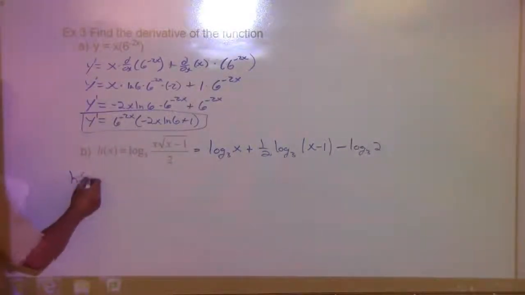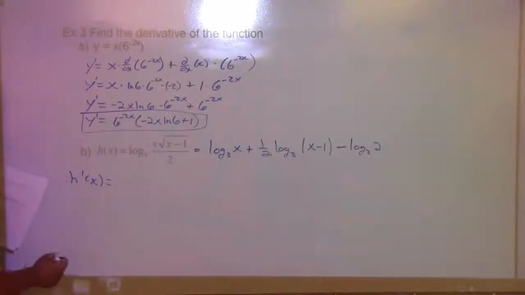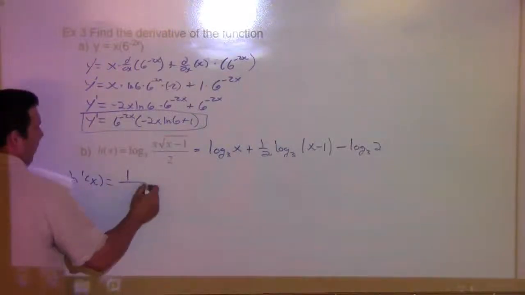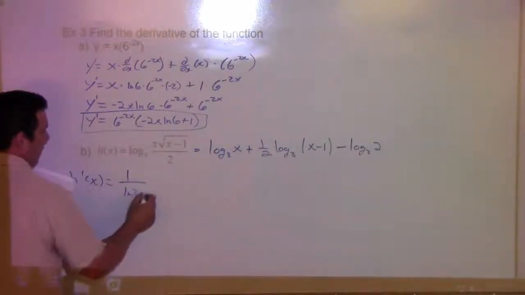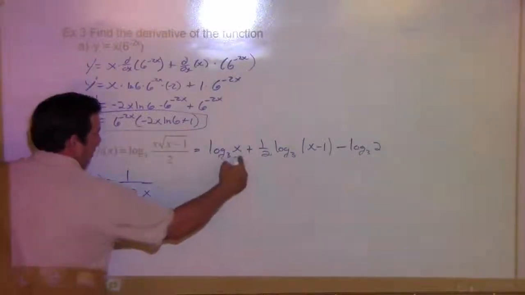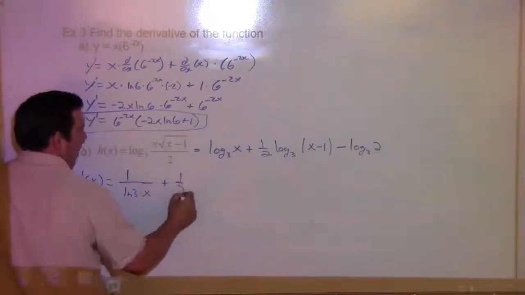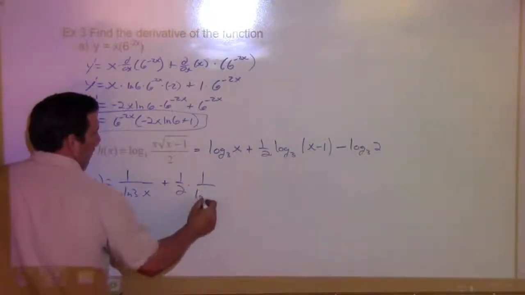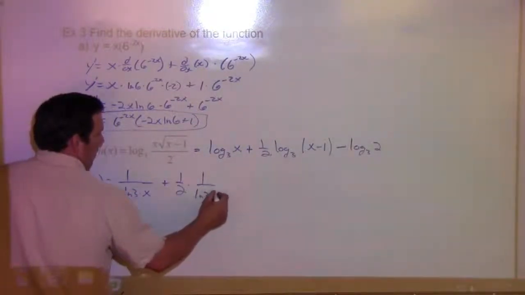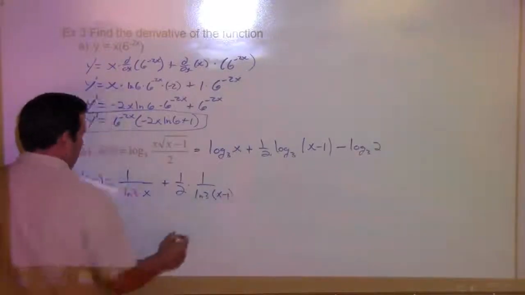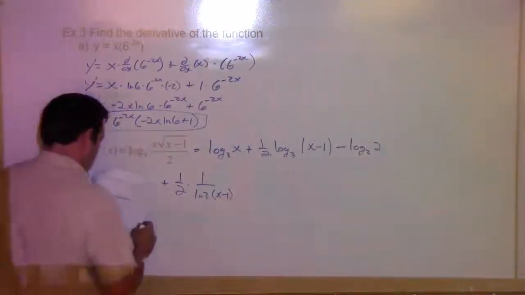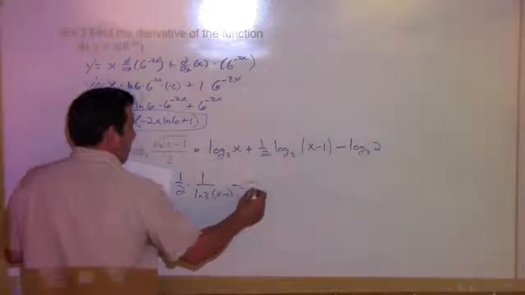So our h prime of x is going to be 1 over the natural log of 3 times x, for this part, that base here, plus 1/2 times 1 over natural log of 3 times the quantity x minus 1, minus 0.